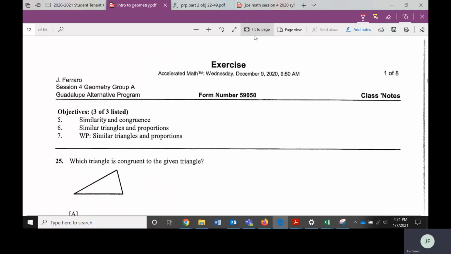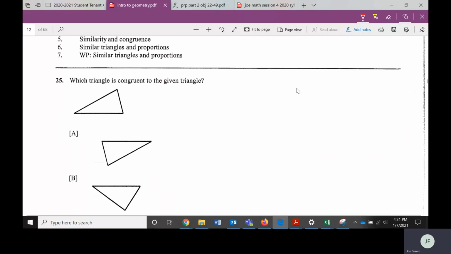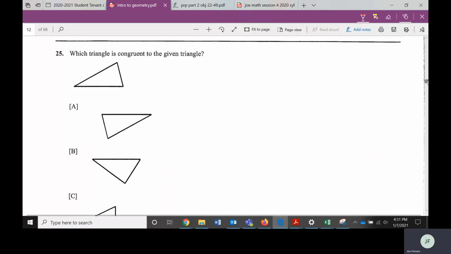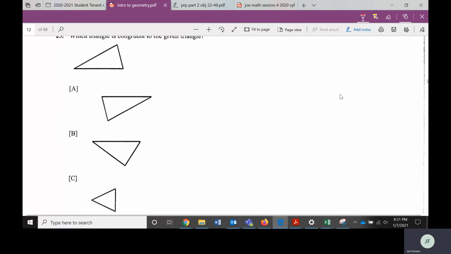So we have a little bit of notes to take before we start going through problems. So I'm going to start right here and kind of make a line going down here.